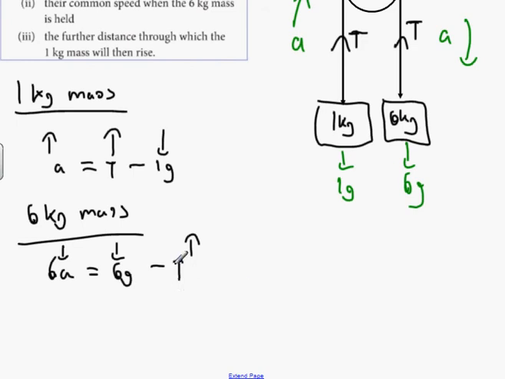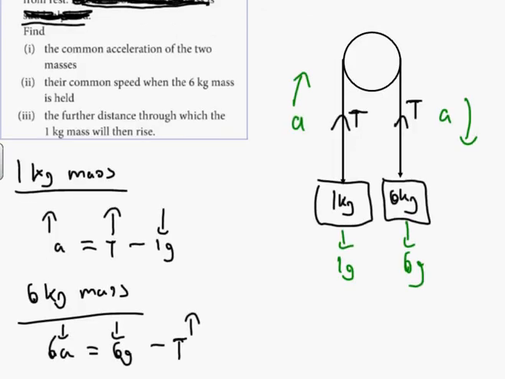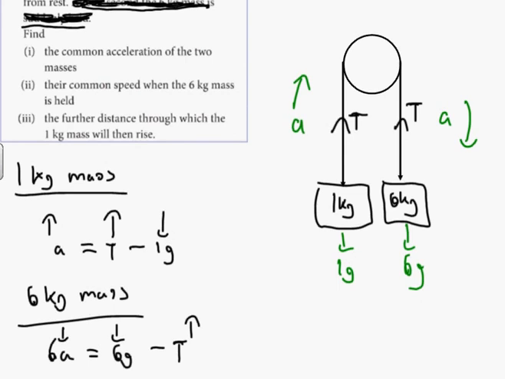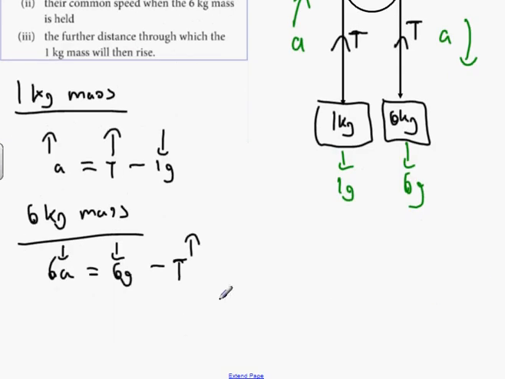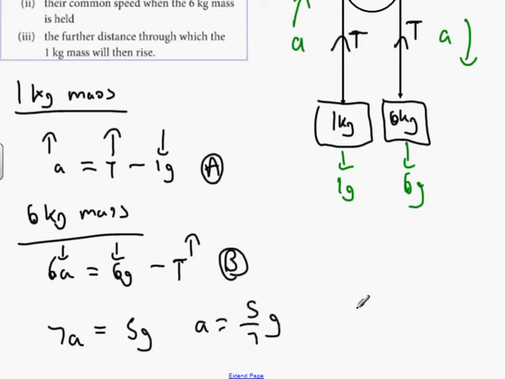Take away T. You're looking for the common acceleration, right, and not the tension this time. So you're looking for the common acceleration of the two masses. So what happens is you add equation A to equation B. So A plus 6A, 7A. T minus T, 0T. 6g minus 1g, 5g. A equals 5 over 7g.